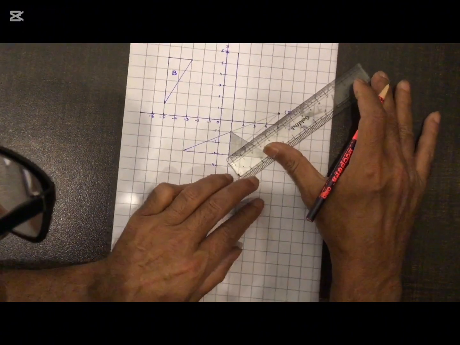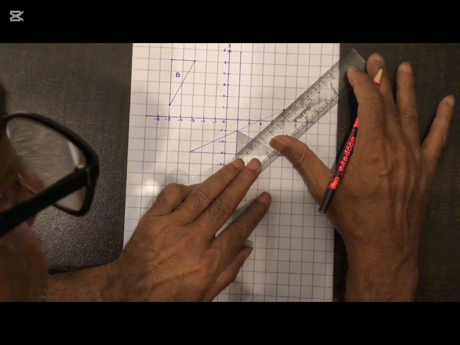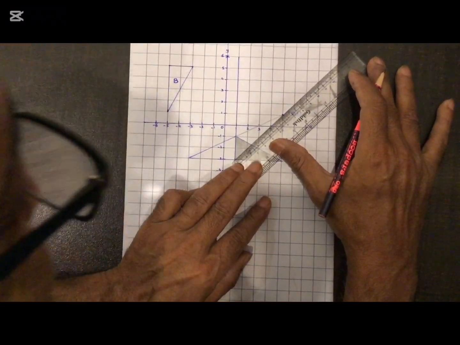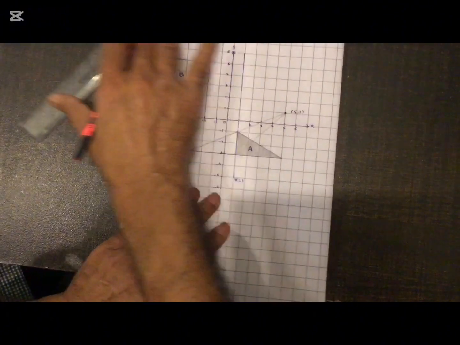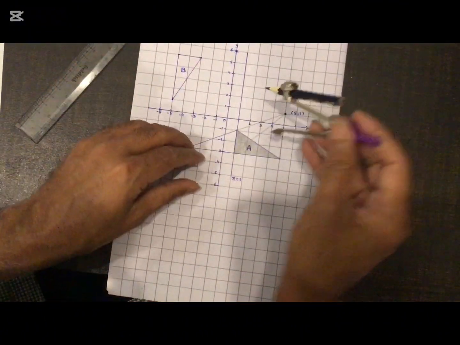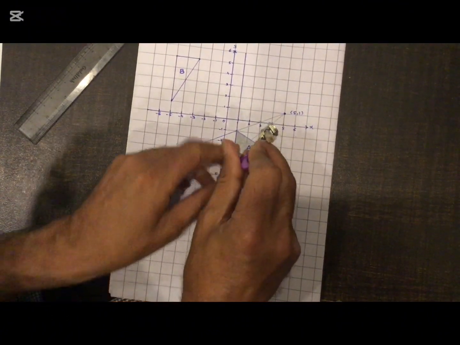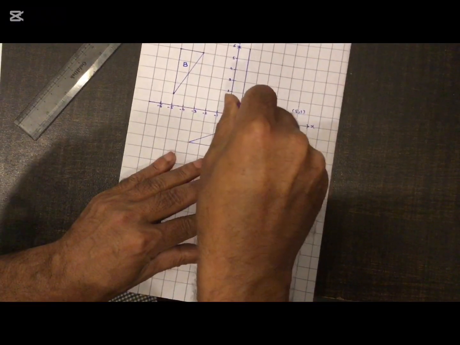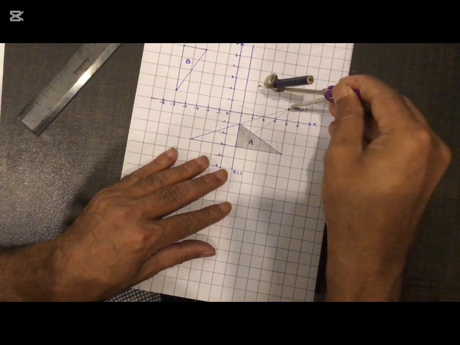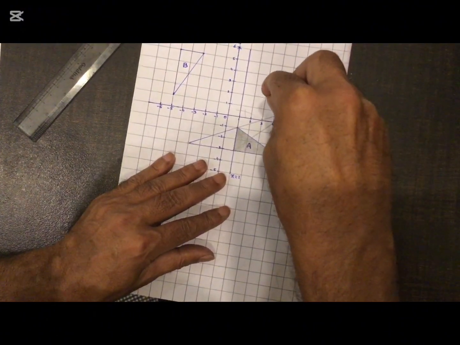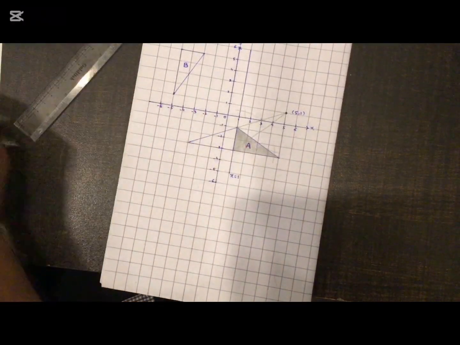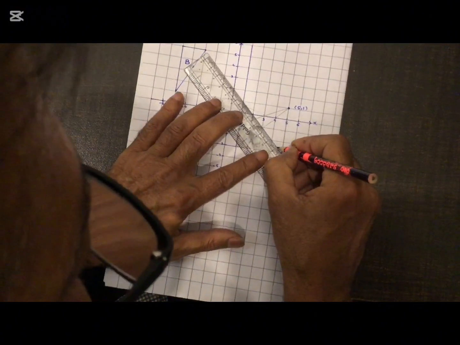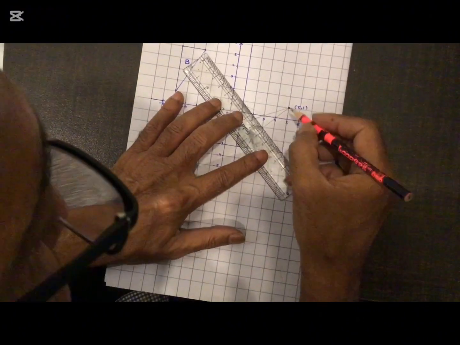And now measure this length. It's better to take the exact half by making the perpendicular bisector. It exactly comes in the middle of the line.